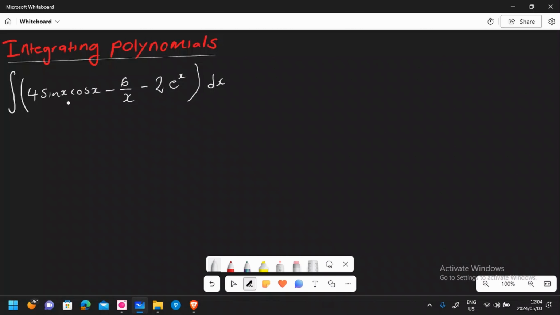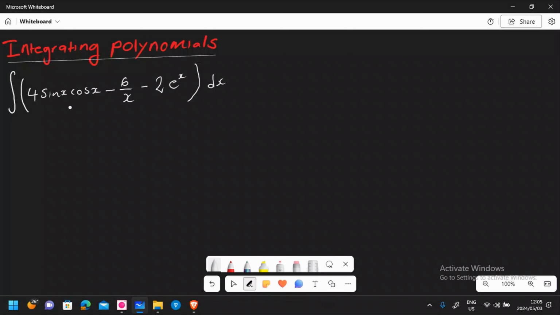As you can see, before we do any integration, we look at each term here. The first term is not easy to integrate like this. We actually need to simplify. So you must first look at the polynomial, whether you need to simplify or not.